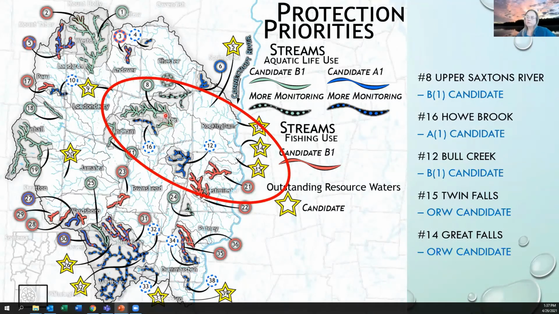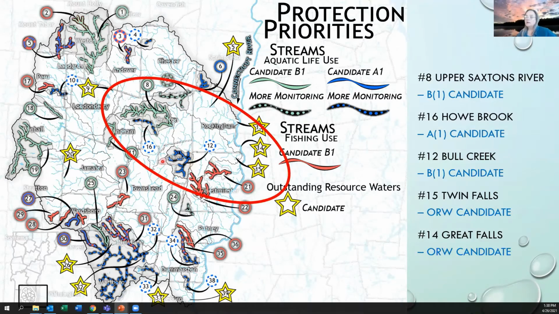Basically, the river from Grafton upstream, all the way up through Wyndham, meets B1. So we want to propose that. Howe Brook, which some of you are very familiar with, is drained from Glebe, and is a candidate for A1. We still need a little bit of monitoring on that to confirm it, but that should be able to go forward as an A1 reclassification.